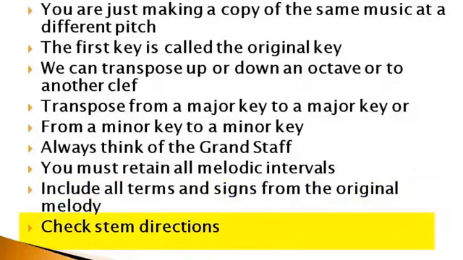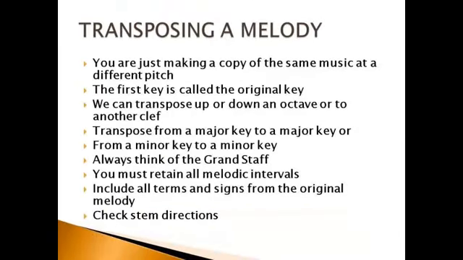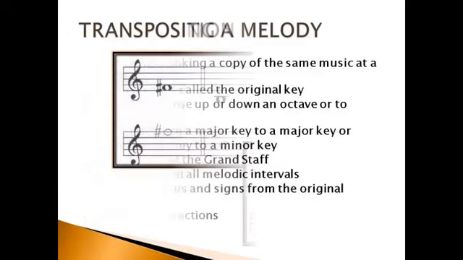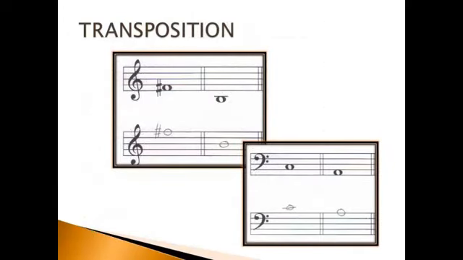Be careful to check your stems. When you transpose it up or down an octave, all the stems might be going in a different direction. So double check that you have your stem direction correct. It's very important that the first note that you transpose is correct.